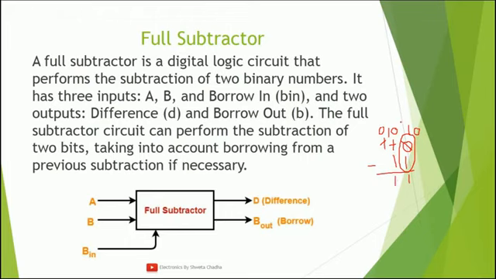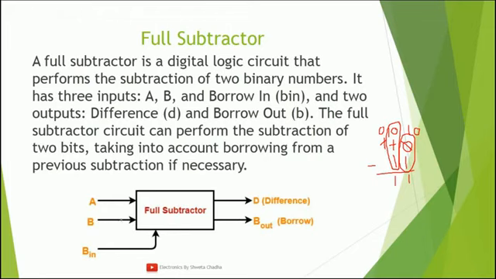Now this activity can only be performed by using a full subtractor, that means the difference of two bits where a borrow has already been given. So the actual number was 1 minus 1 where a borrow 1 was already given to the next value. Such kinds of subtractions can only be performed by using a full subtractor.